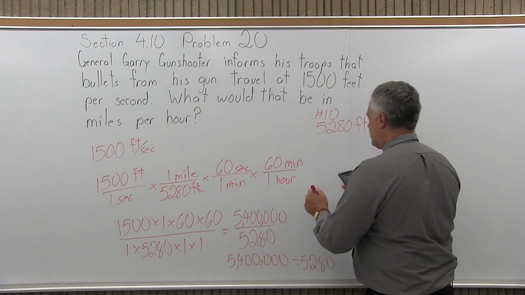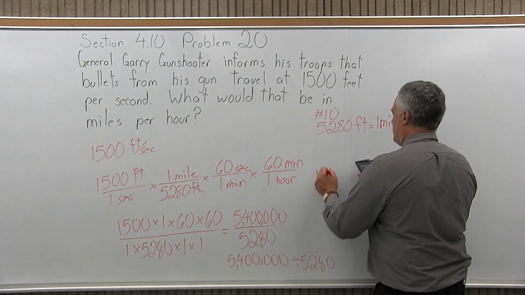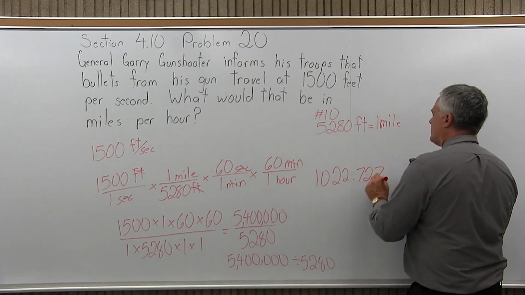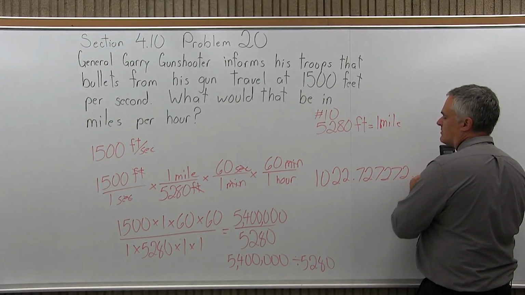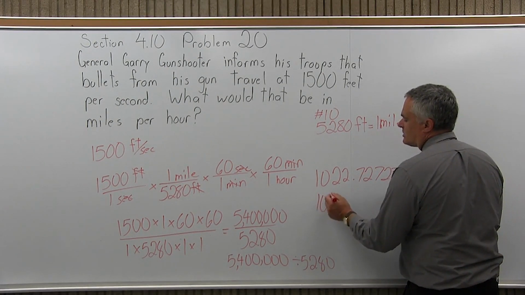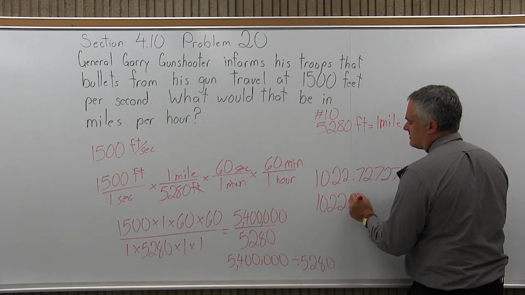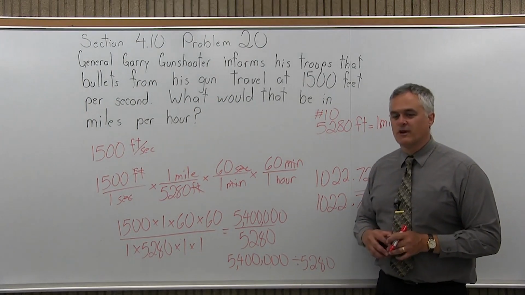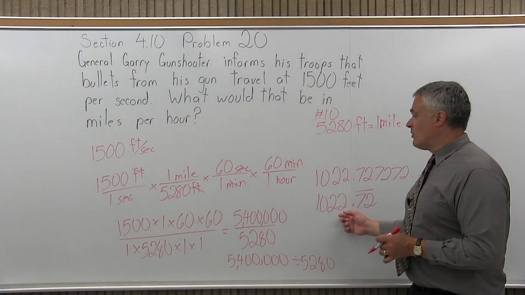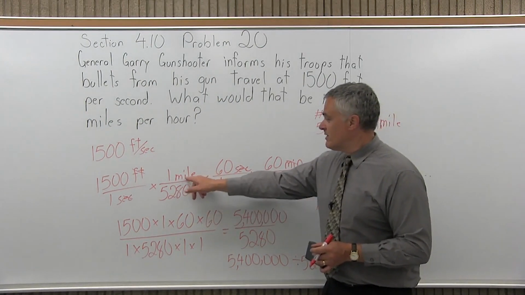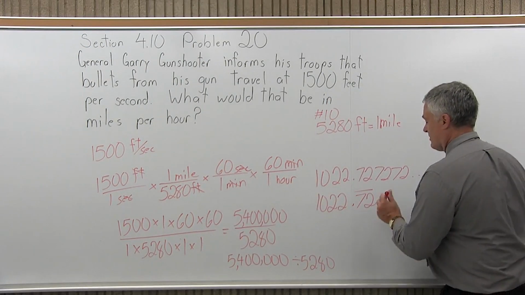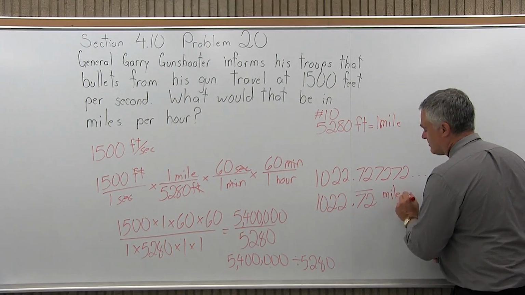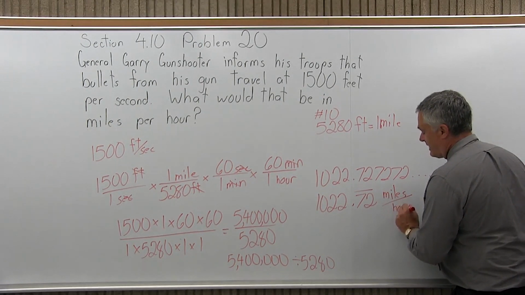And the calculator tells me it's 1022.72727272 to the end of the screen. So typically the notation you want to use for that is you just put the part that repeats and put a bar over it. That indicates that it repeats forever. But bottom line, what are my units of measure? They're in miles per hour. That's over 1,000 miles an hour. That's fast.